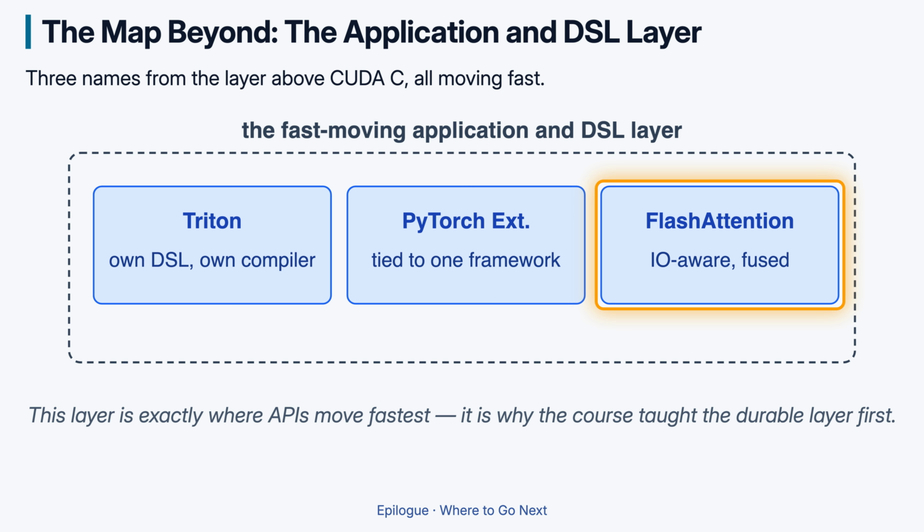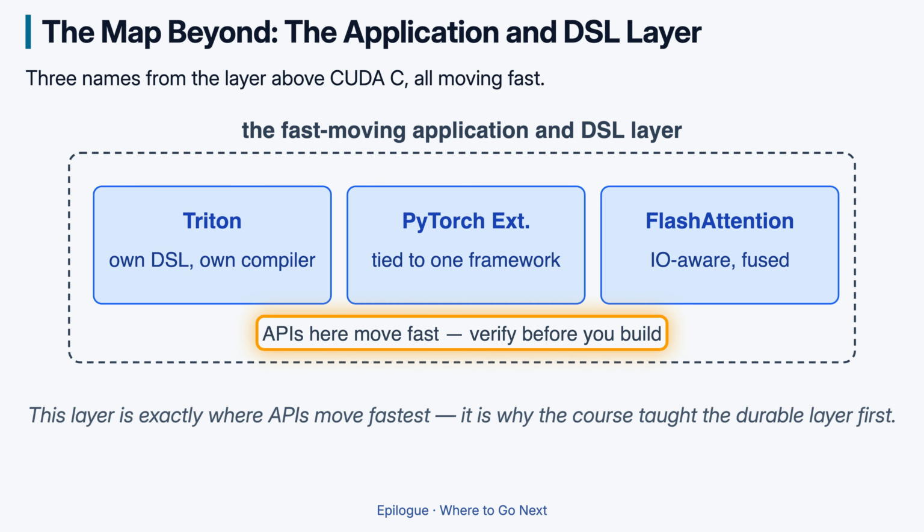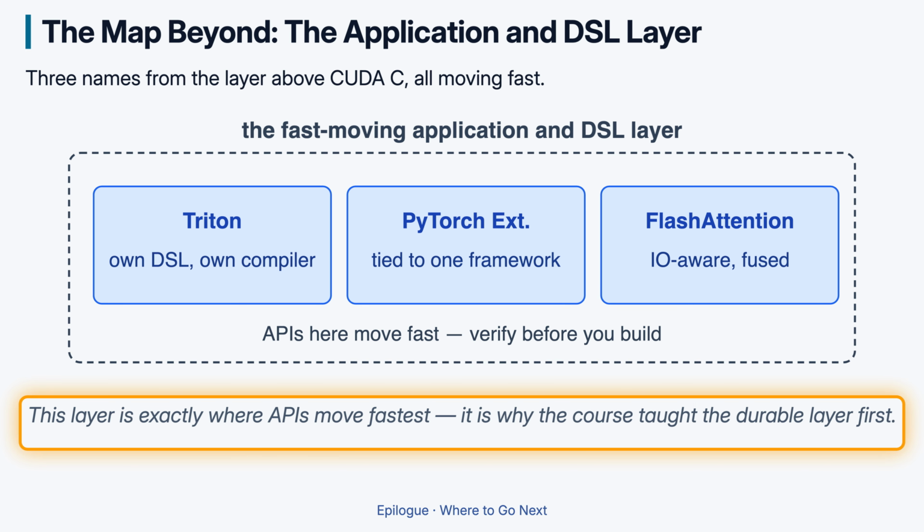It tiles the work and fuses attention's own steps into one pass, so the big score matrix never has to travel out to memory and back. The application programming interfaces here move fast. Check the current documentation before you build on any of them. This is exactly where they move fastest, and that is exactly why the course taught the durable layer underneath it first.